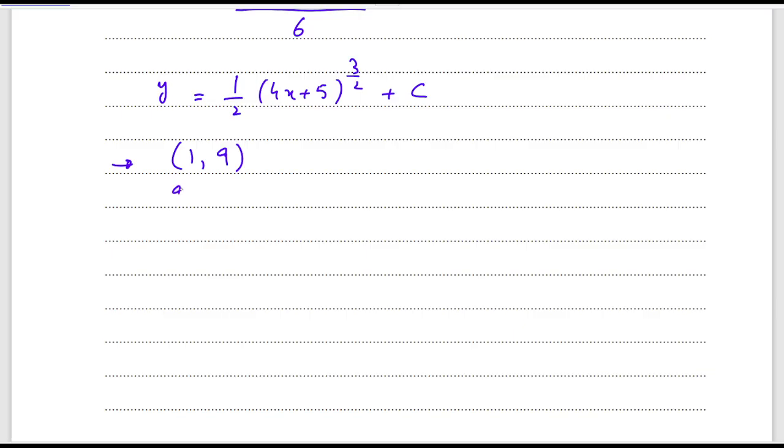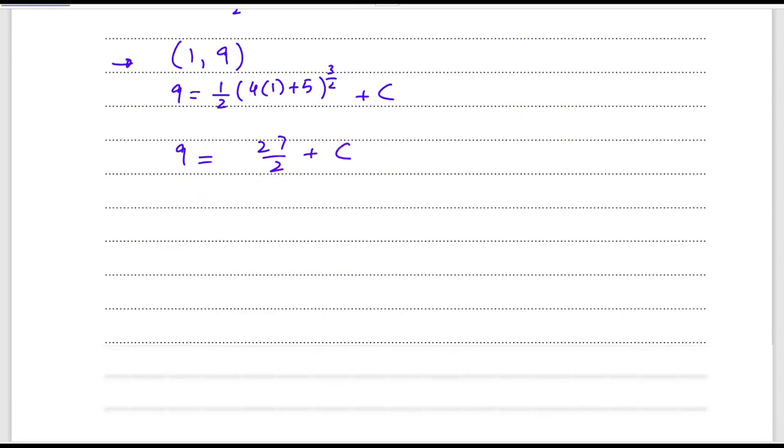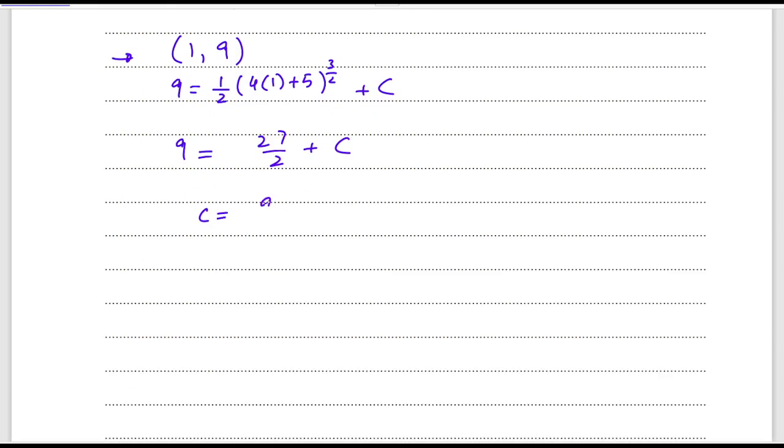So y is equal to 9 and x is equal to 1. The above equation becomes 1 over 2 times 4 times 1 plus 5 raised to the power 3 over 2 plus c. Now using a calculator, this expression is equal to 27 over 2 plus c. So the value of c is 9 minus 27 over 2, which equals minus 9 over 2.